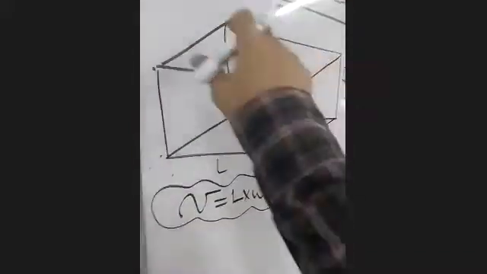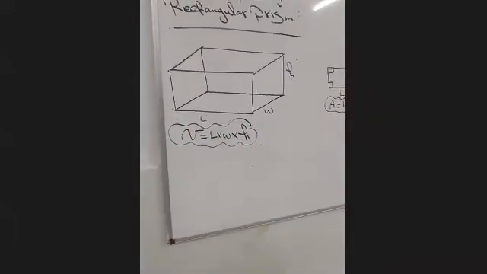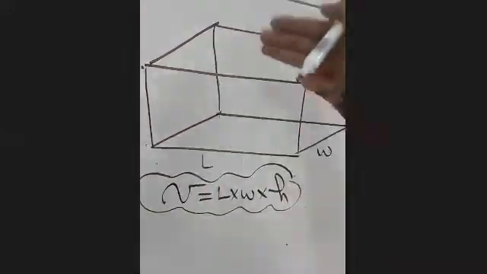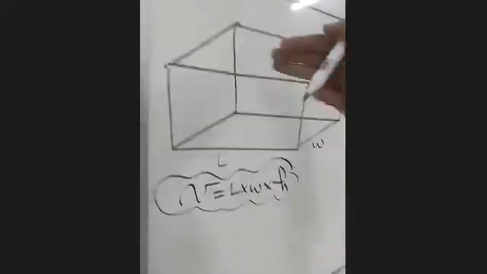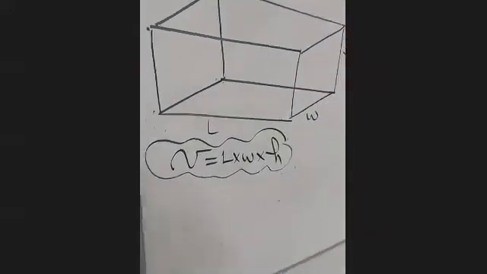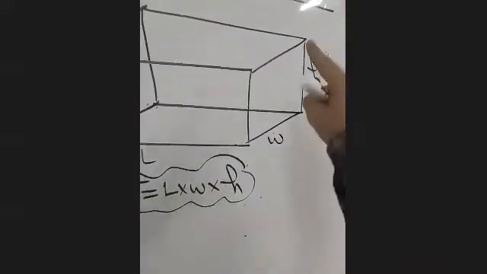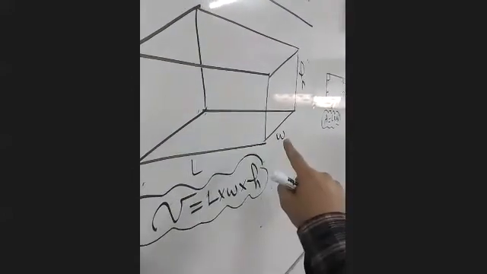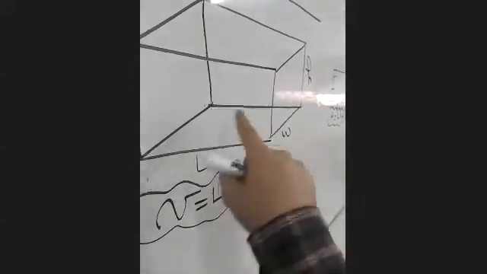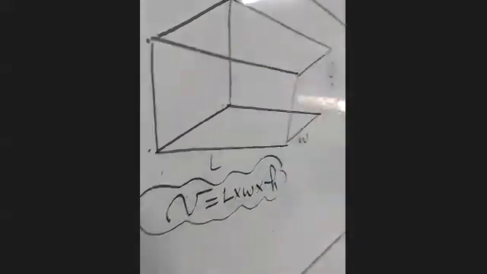And the roof is congruent to the floor. So we have 6 faces, but each opposite side should be equal in area. If this is the length, this the width, and this the height, then this should be the same width, this will be the same length, and this will be the same height, right?